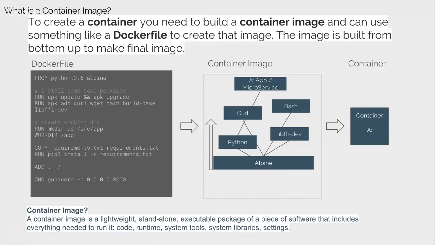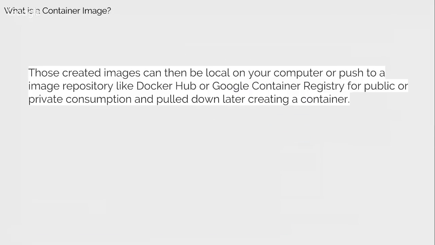And as you see, the image is built from the bottom up, so it's kind of like layers. The first part where it says FROM python alpine, that's your base layer. And then you start to install the packages and everything, libraries, whatever you may need, your application code, and you build on top of that. And that is what you use to then, in turn, build a container.